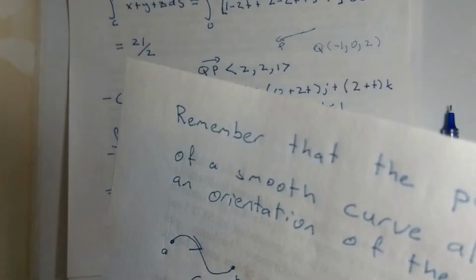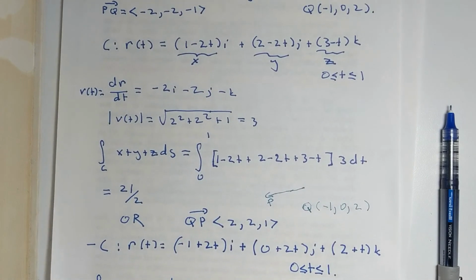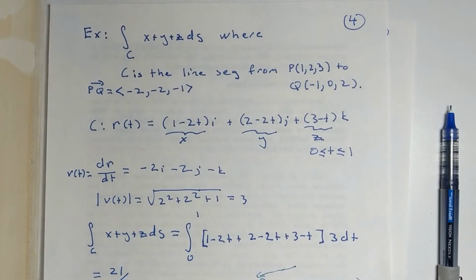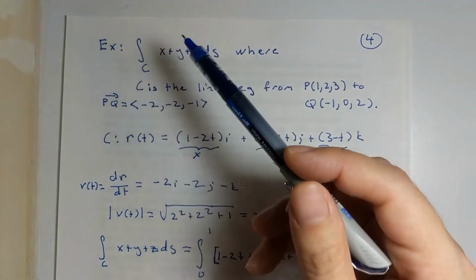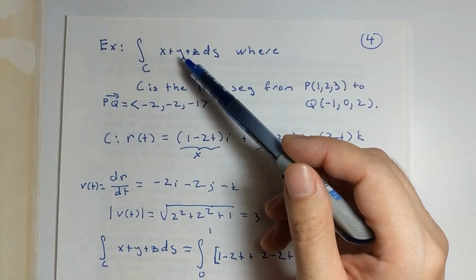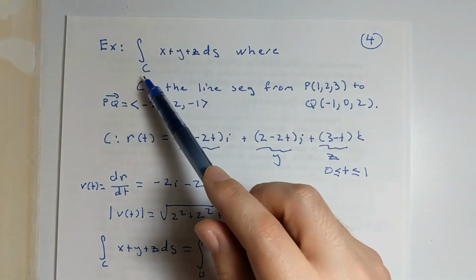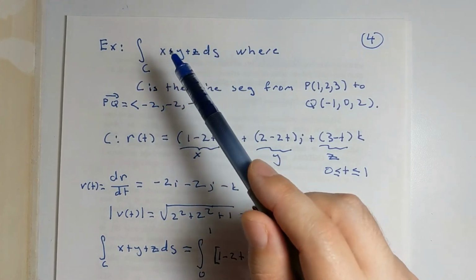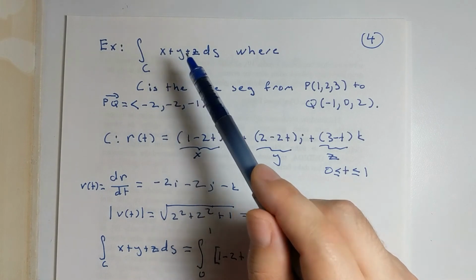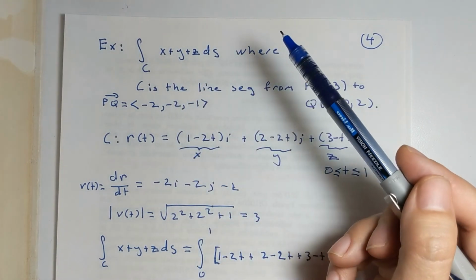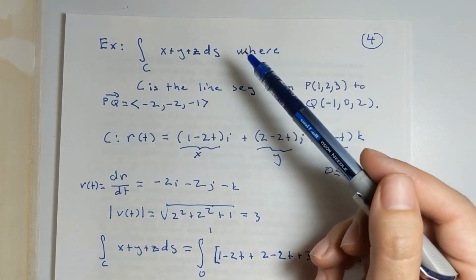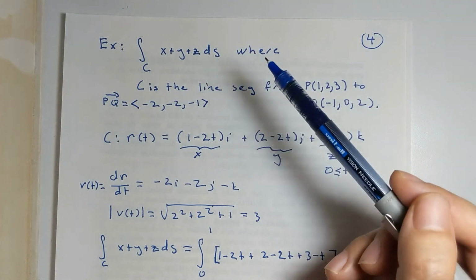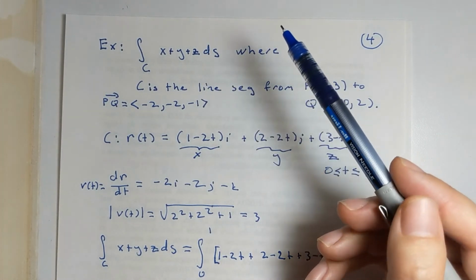Okay, so I have one example, a good old line integral. This is not a work integral. I have, over this curve, the integral of x plus y plus z ds. There's no dot product or anything going on. This is just the function f ds. It doesn't matter which way I parameterize it, it should give me the same answer.